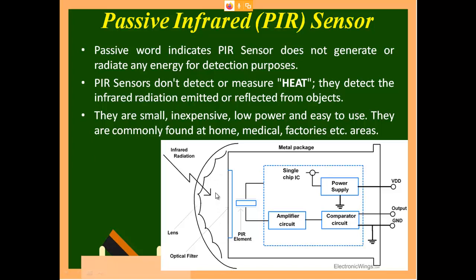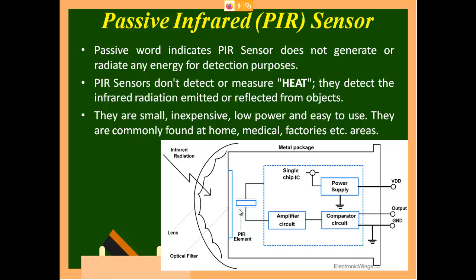It is made such that at any instant of this curve, the radiation is focused on this particular PIR element. I will explain in the upcoming slide, it will be clearer how the direction is pointed here. So wherever IR falls on this semicircle, it will be focused to fall on the PIR element.